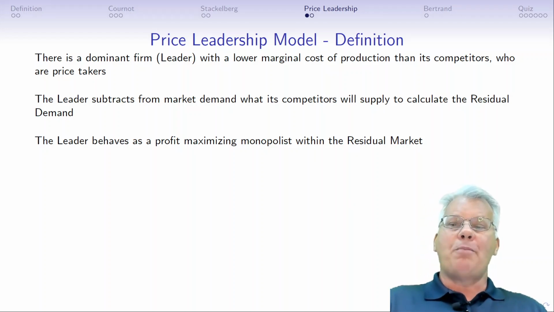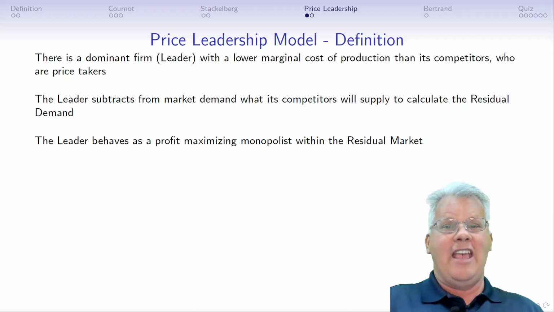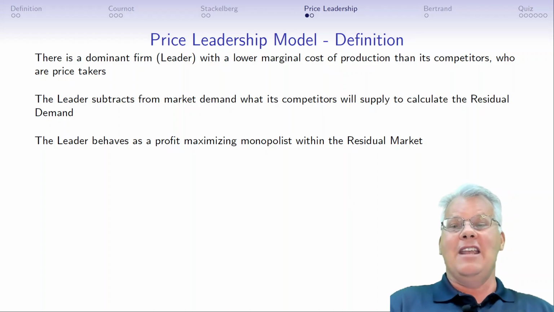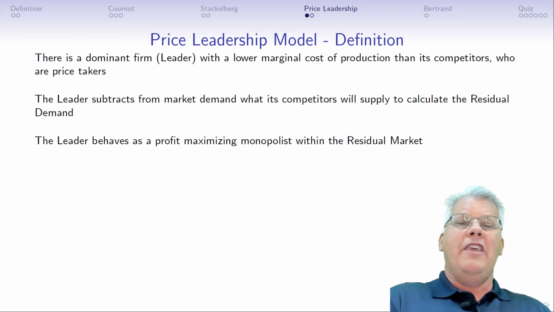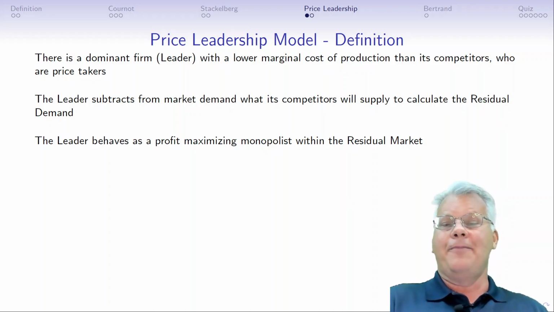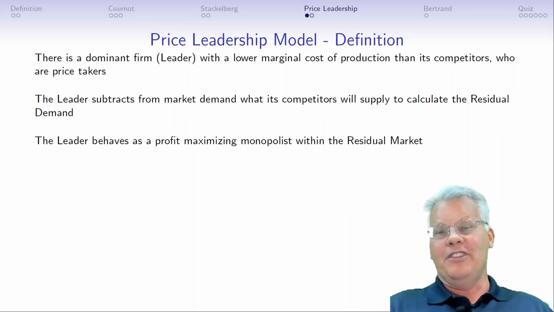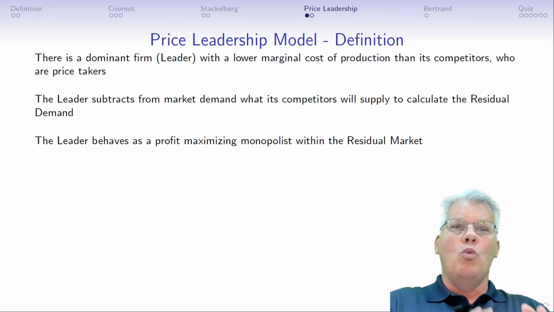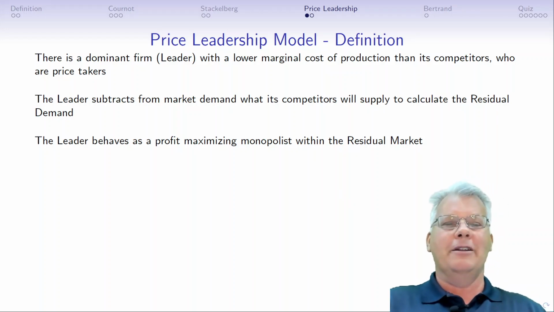So what the leader's problem is, the leader gets to move first. The leader also understands how the follower firms are going to respond to the price they announce. So what the leader firm does is subtract from market demand what the competitors will supply. Much like the Stackelberg example, the leader will determine what market they own after the follower firms respond.